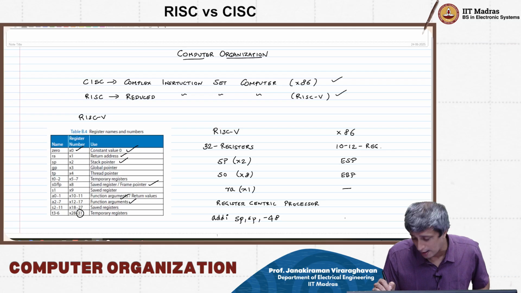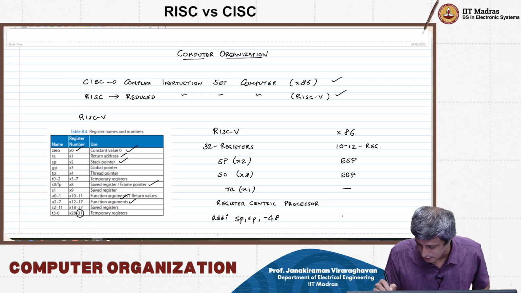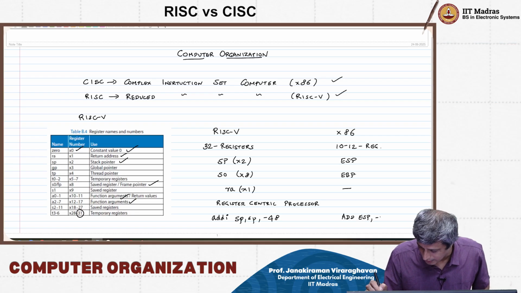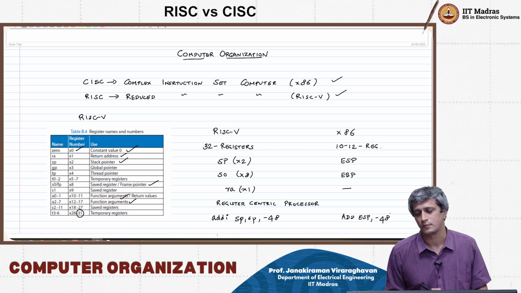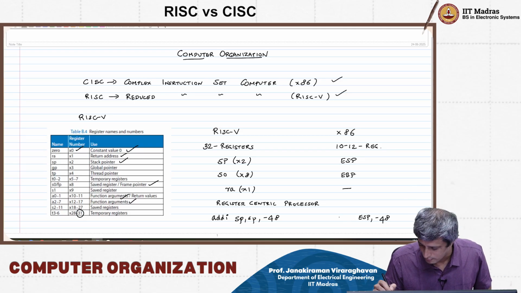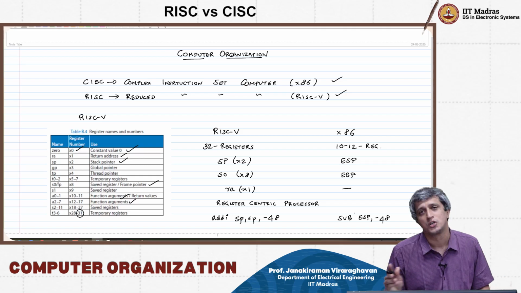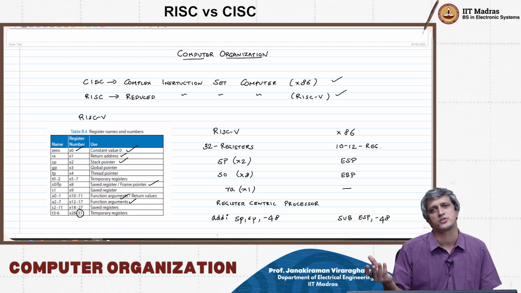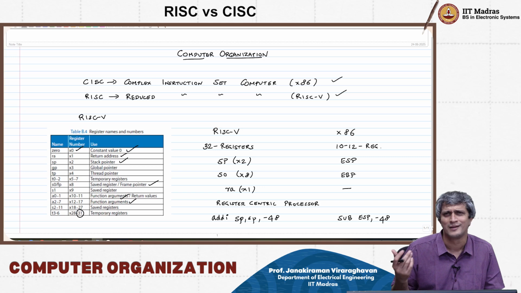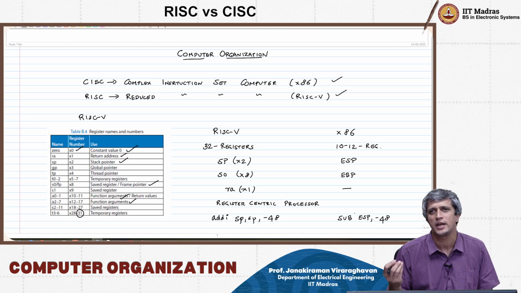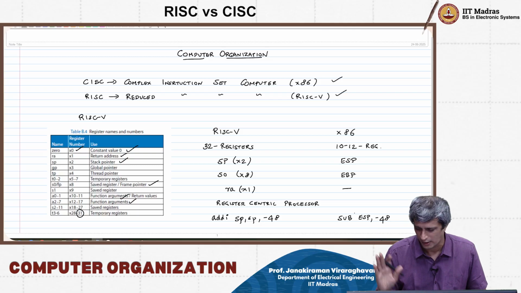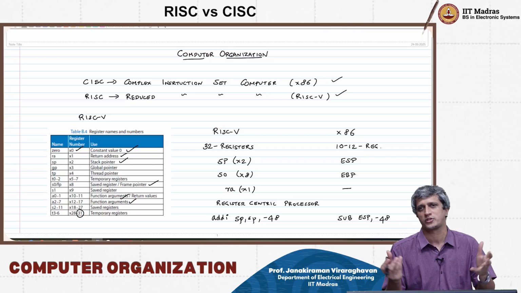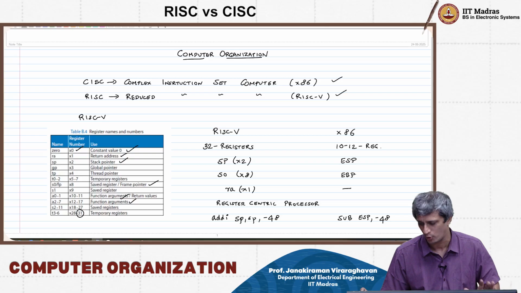If you wanted to do the same thing in x86, you would have done add esp, -48, or you would have done sub. In x86 you would have a separate instruction to do subtraction, but here you can even get away by doing an add immediate of a negative number. So therefore you reduce one instruction. That's why it's called a reduced instruction set computer.